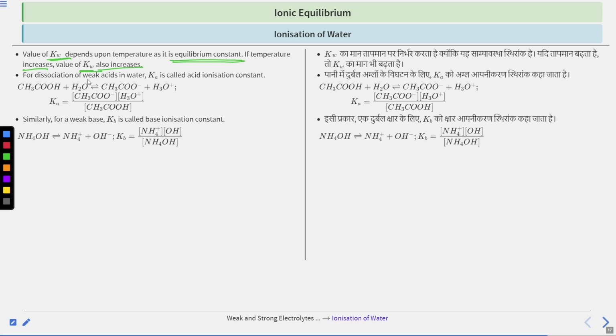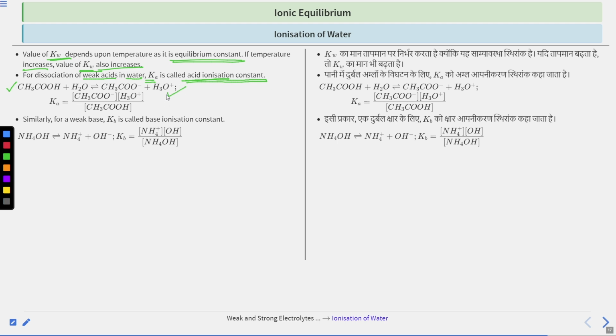For the dissociation of weak acids in water, Ka is called acid ionization constant. I said A for acid, right? So for the weak acids in water, Ka is acid ionization constant. So let's take acetic acid as a weak acid plus H2O. It will dissociate into CH3COO minus plus H3O plus.